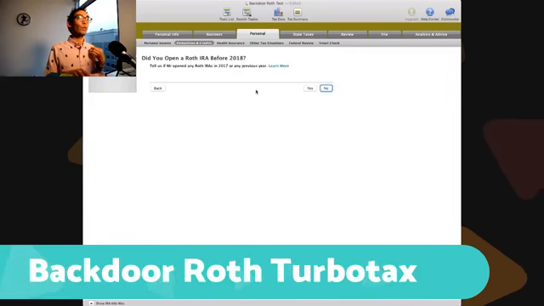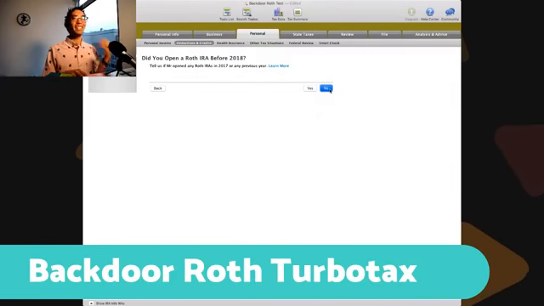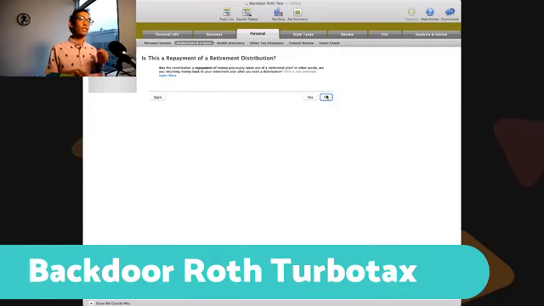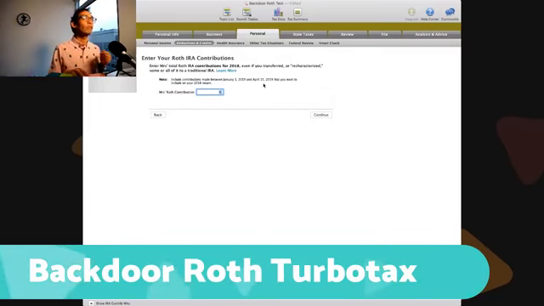No. Did Mr. 39.6 open any Roth IRAs in 2017 or a previous year? For simplicity, we're going to say no. 2018 was the very first time that any IRA contributions were made. Was this a repayment? No. What is Mrs. 39.6's Roth contribution? Also zero.